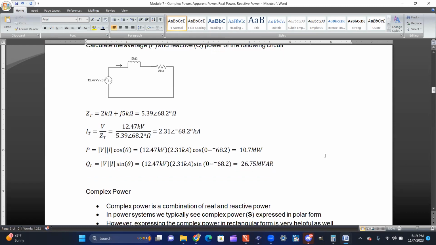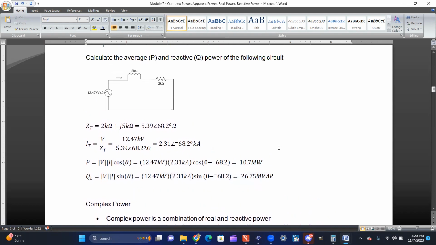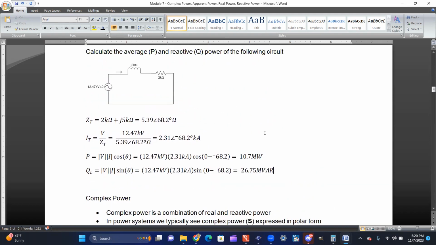And we get the following values for P, which is 10.7 megawatts, and for your inductive reactive power, we get 26.75 megavars. All right, so that's how we do a simple example like this.